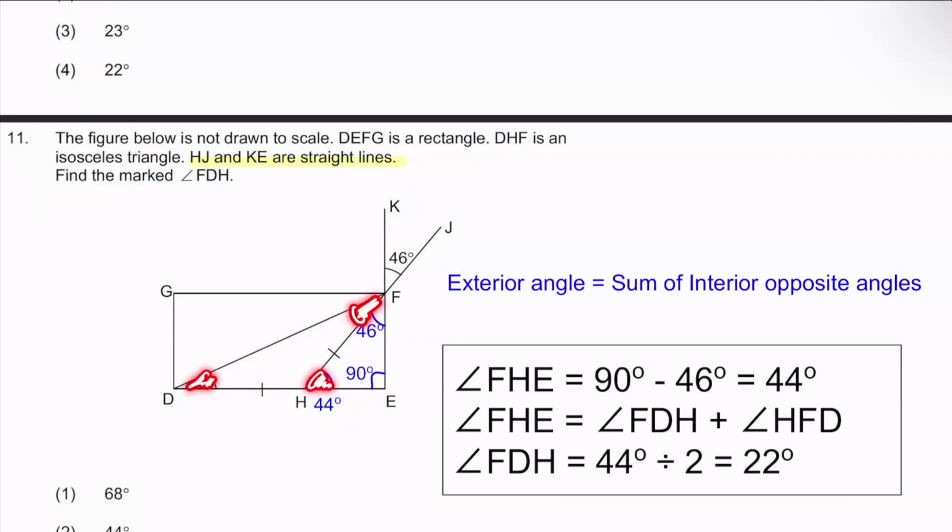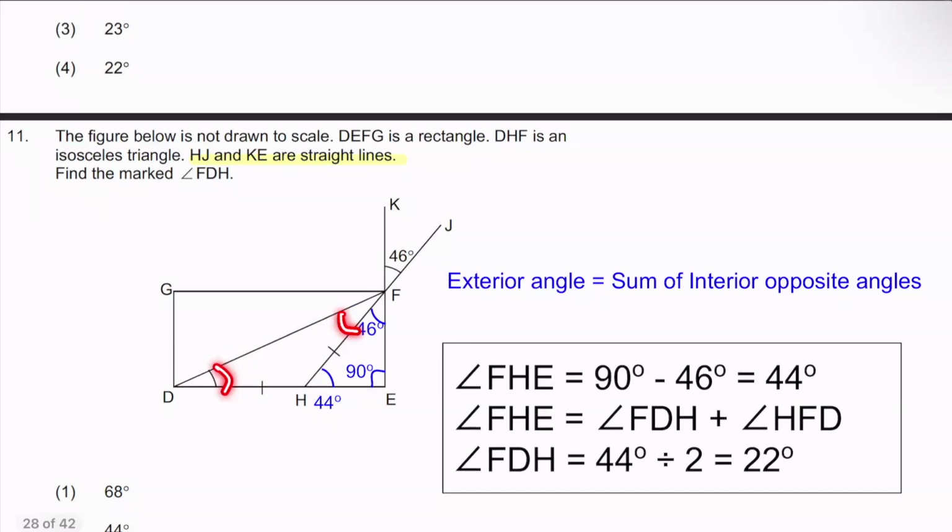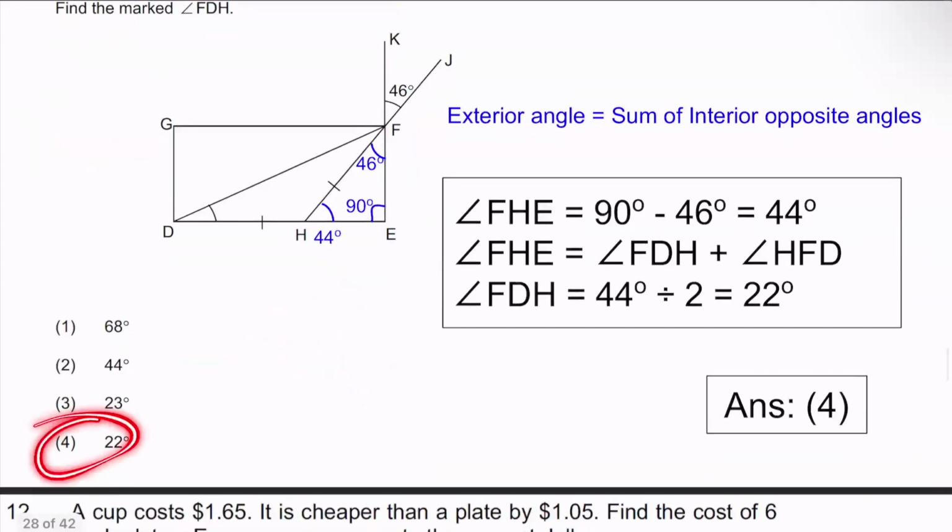So when you know this, what can you do next? Because you also know that this triangle here is an isosceles triangle, which means that this angle and this angle are equal. Therefore, what you can do is 44 divided by 2, you get this angle, which is 22 degrees. So your answer is number 4.